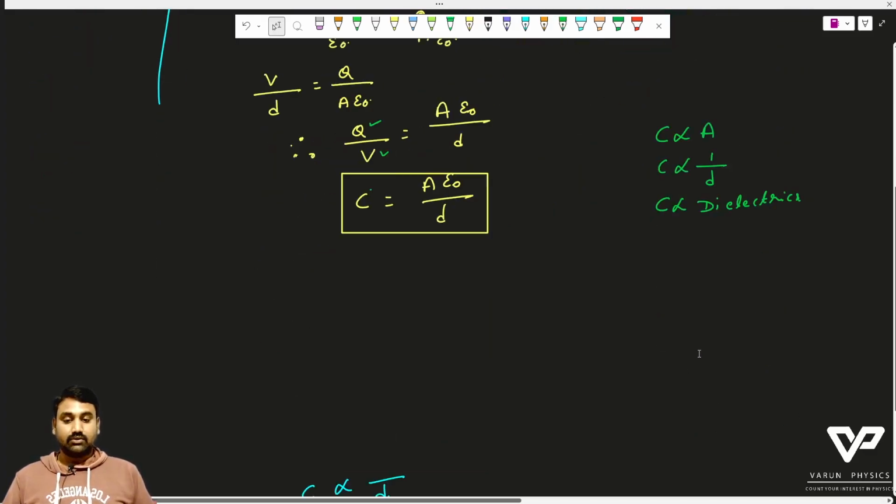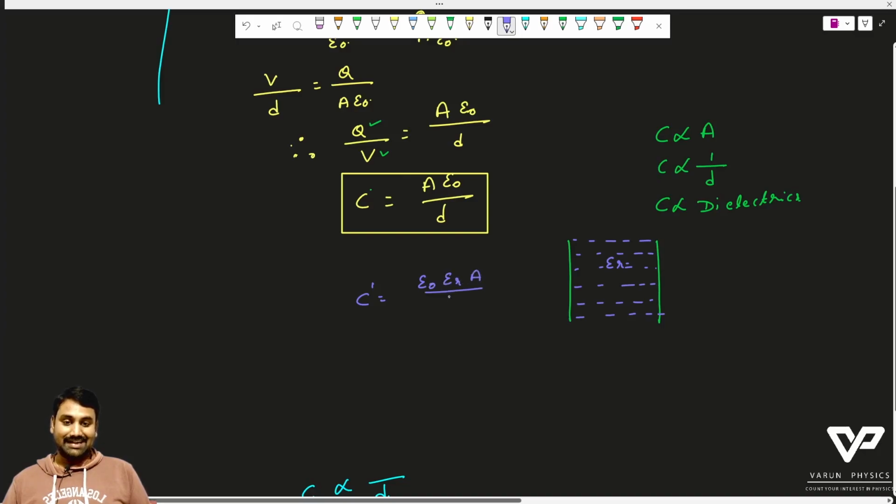If we fill the space between the two plates with some kind of dielectric instead of air (air is also a dielectric), with epsilon r greater than 1, then we can write C prime is equal to epsilon naught epsilon r A by D, because we know that epsilon is equal to epsilon naught into epsilon r.